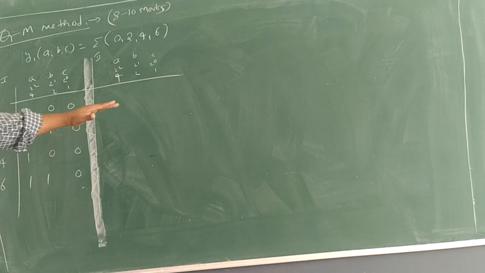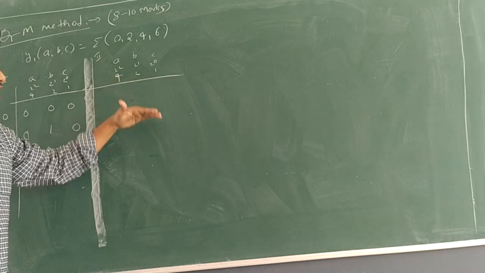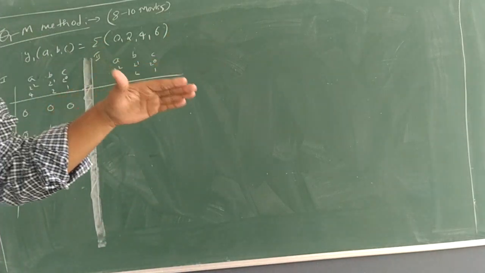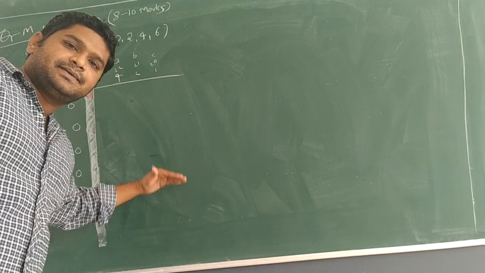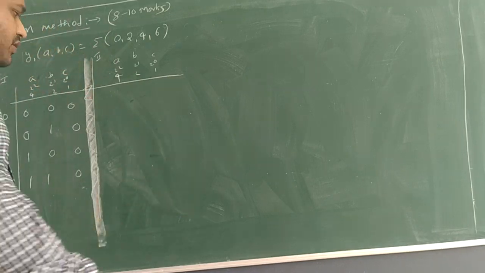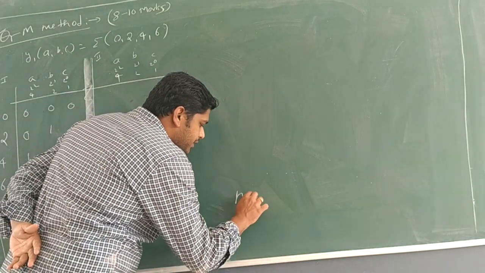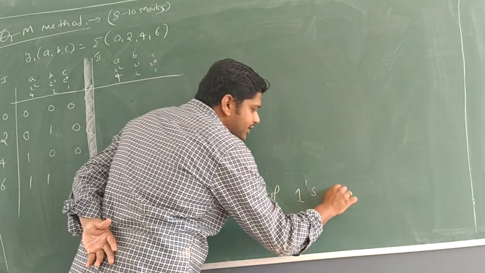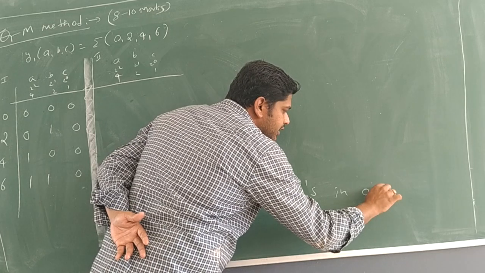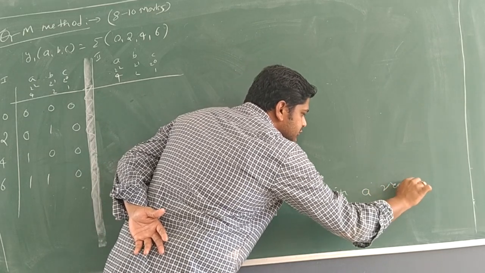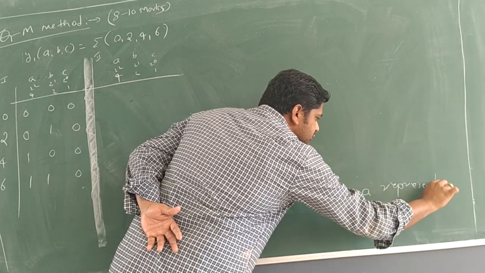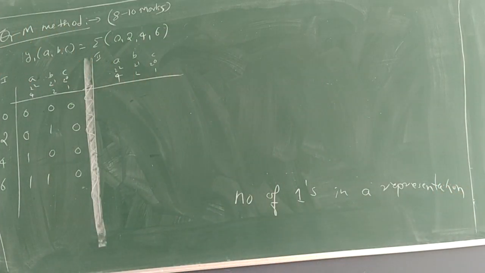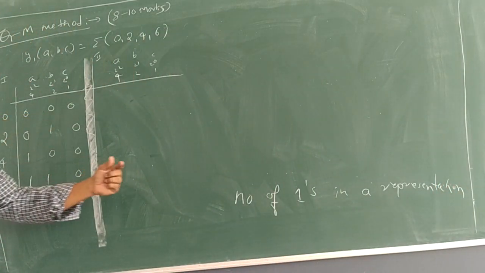Now listen carefully. From step 2 onwards, we are going to divide into subsets based on the parameter: number of ones in the representation.